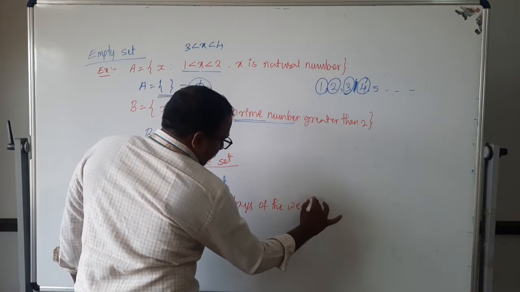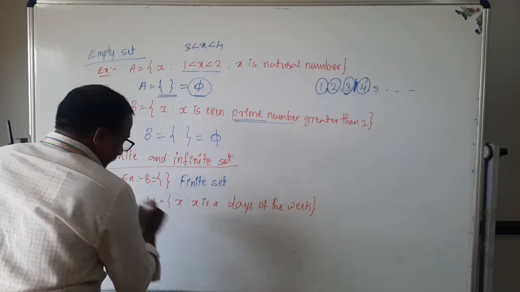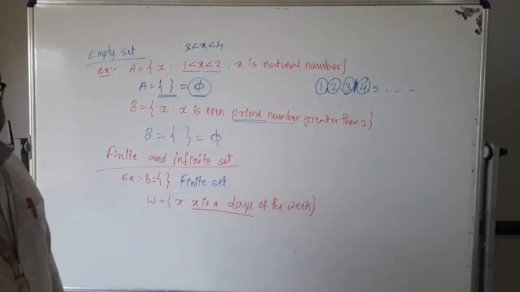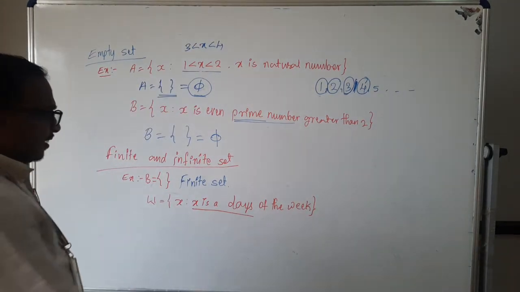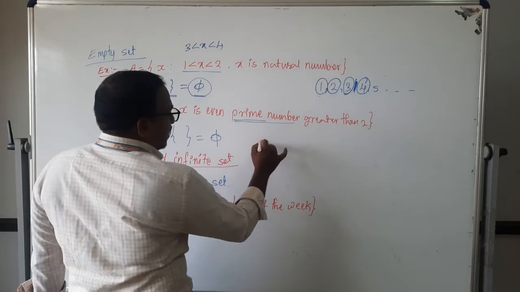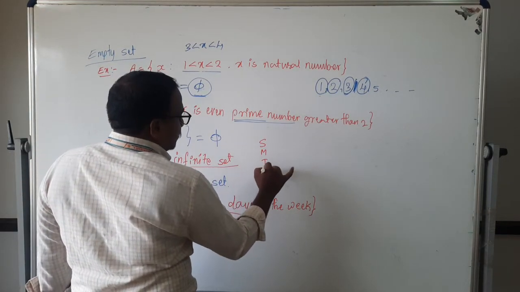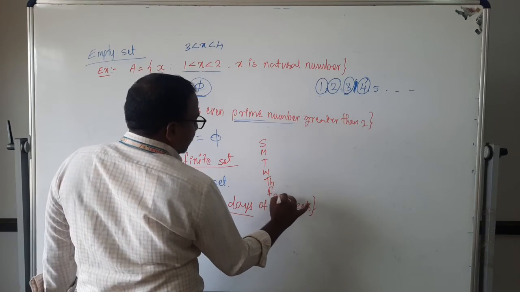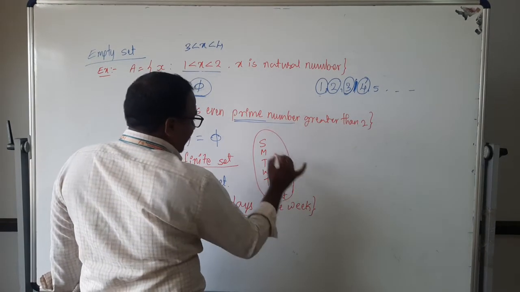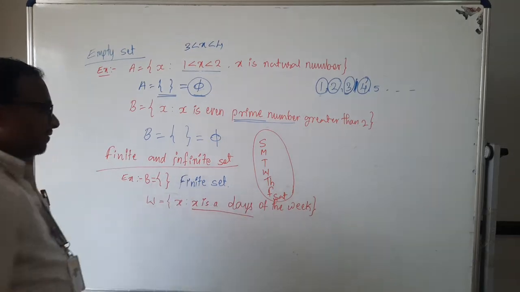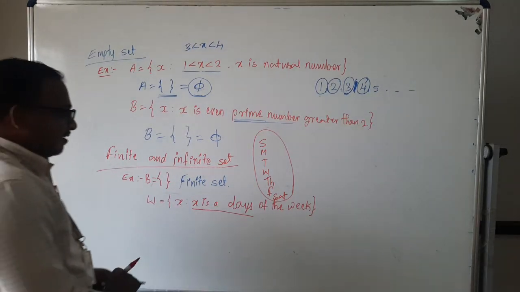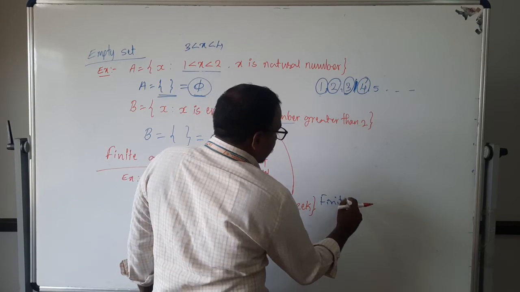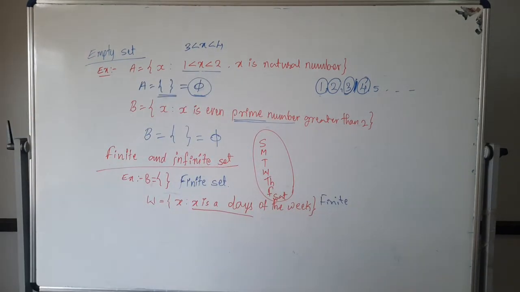We can count the days in a week, that is Sunday, Monday, Tuesday, Wednesday, Thursday, Friday, Saturday. So we can count these values. Therefore it is a finite number, countable elements.